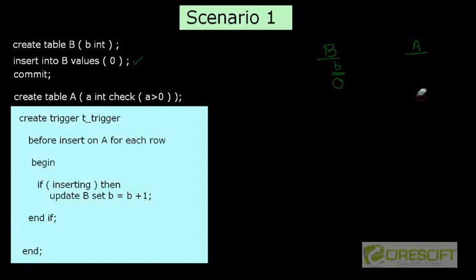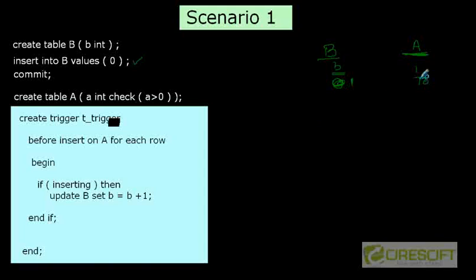Then we are going to create a trigger on table A. If we insert a row into table A, then we are going to update table B's column B with +1. That means if I'm successful inserting 1, then this value becomes 1.